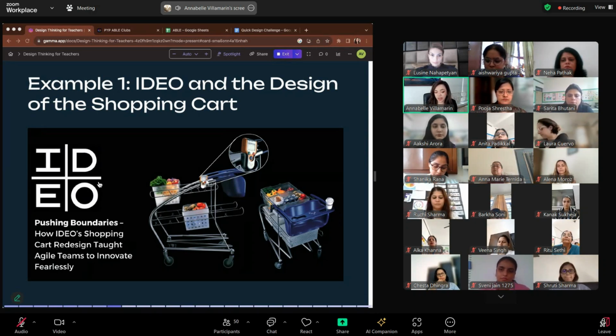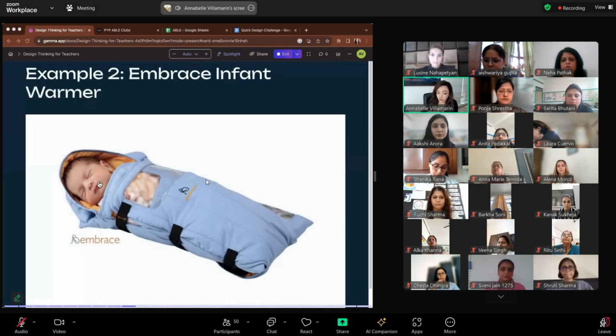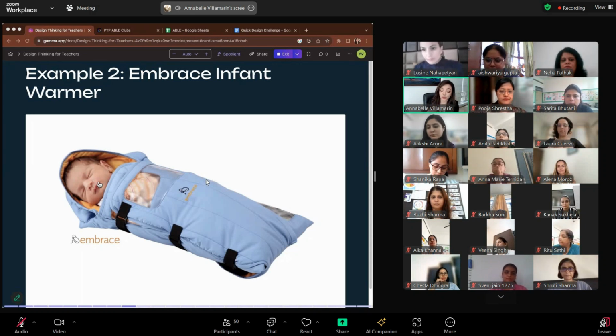Here's a second example. This second example is close to home. This is from a company called Embrace. They use the design thinking. The reason that they have this type of portable infant warmer is really for premature babies. You know, you have those things called incubators.